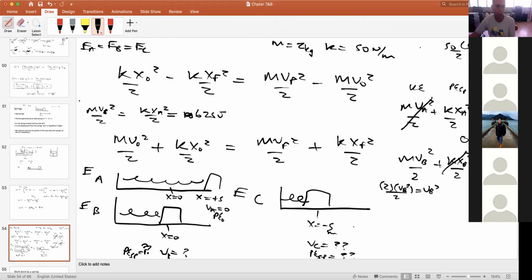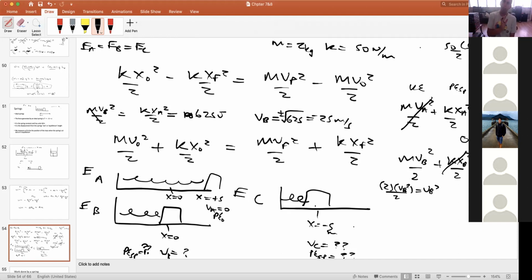I said the mass is 2, so this goes away. So vB is square root of 625, which happens to be 25 meters per second. Is it positive or negative? It doesn't really matter, but in this case, it's moving the opposite way because I started at A and I released it. And then finally at C.